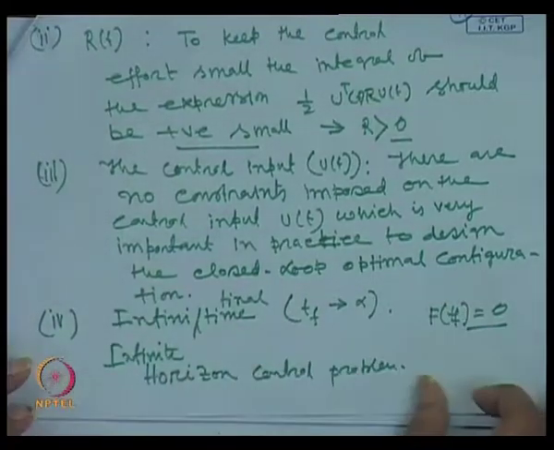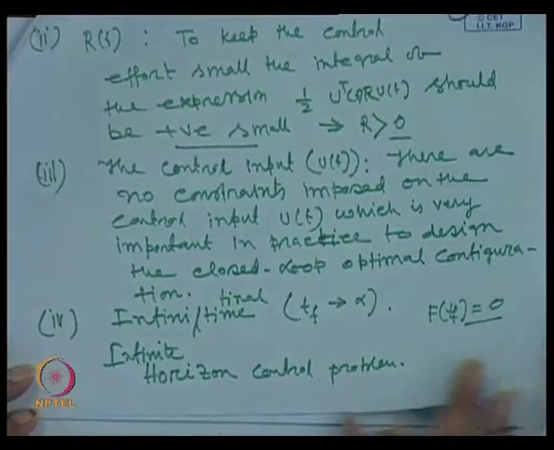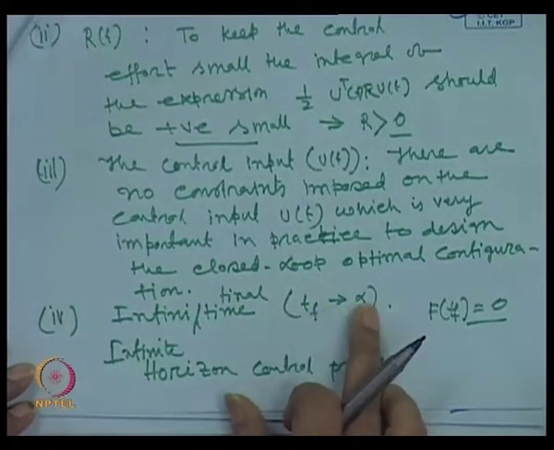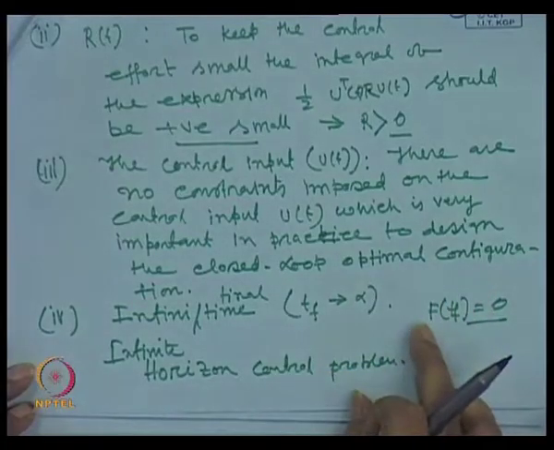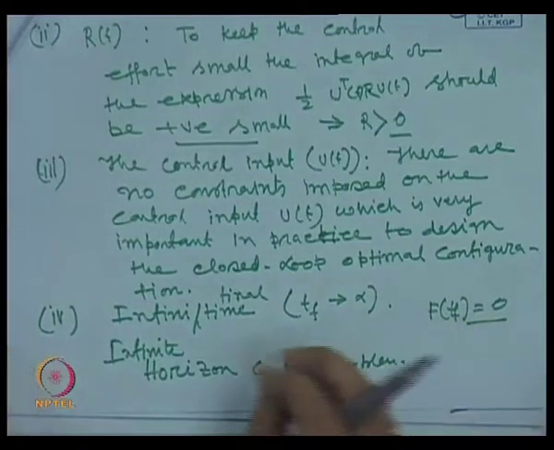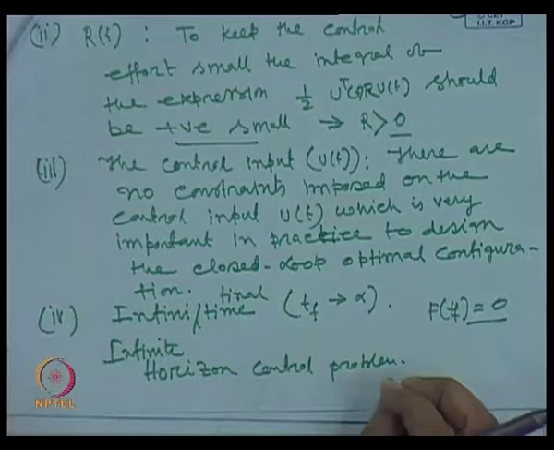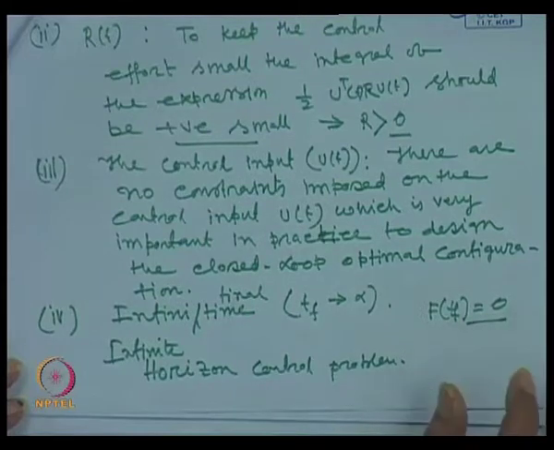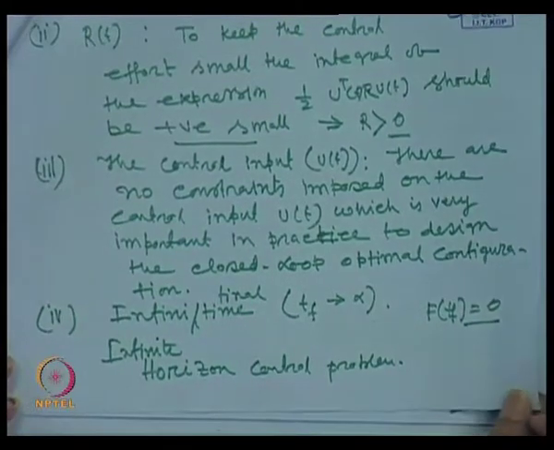When t tends to infinity instead of finite time, the terminal state weighting on x of t f is assigned zero, because it has no physical interpretation there, as all the states will come to zero asymptotically as t tends to infinity.